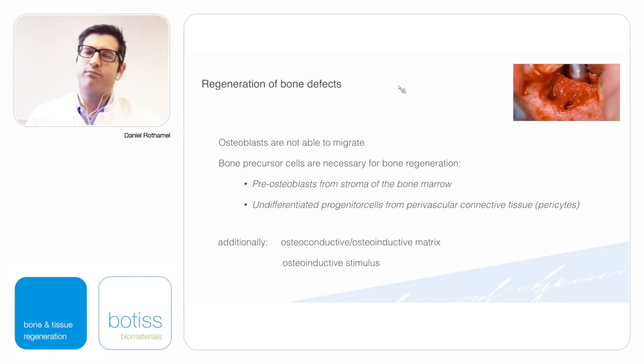This is also supporting the idea to allow for fast blood vessel invasion into the area that needs to be grafted, because without any blood vessel invasion, there will be no regeneration.